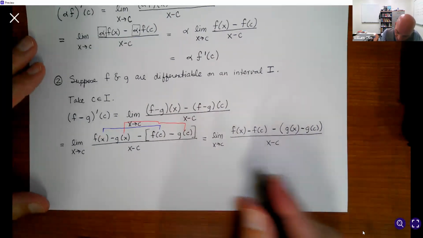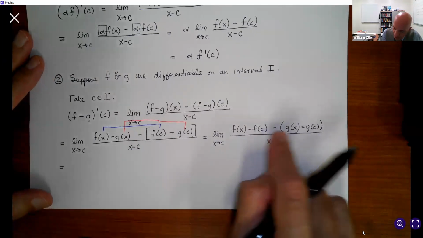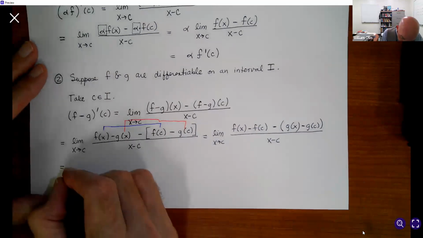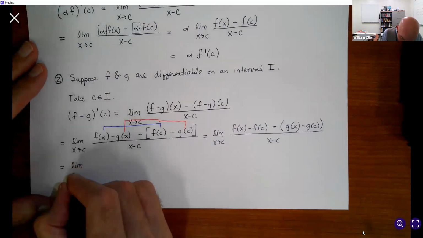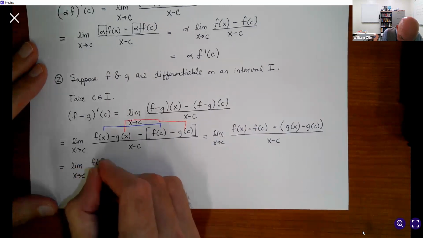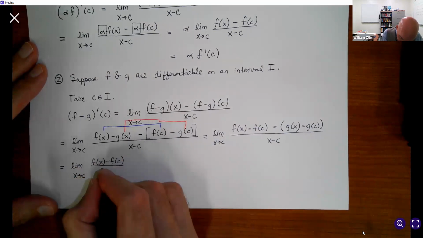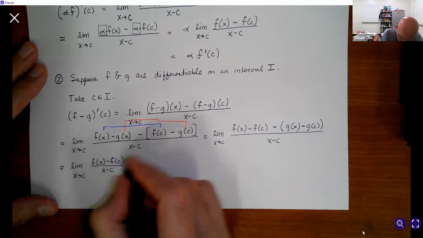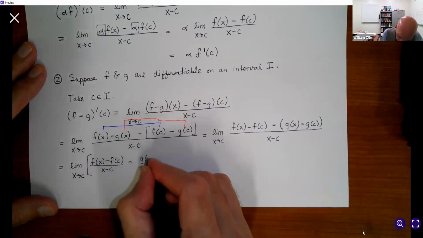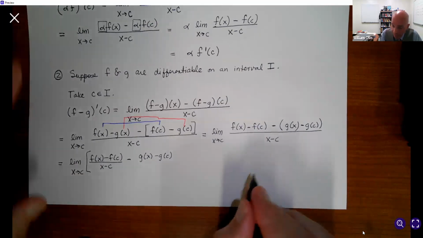So now we're thinking, okay, well, what's the next step? We'll write this fraction as two pieces. So this gives us the limit as x approaches c of f of x minus f of c divided by x minus c, minus g of x minus g of c divided by x minus c.